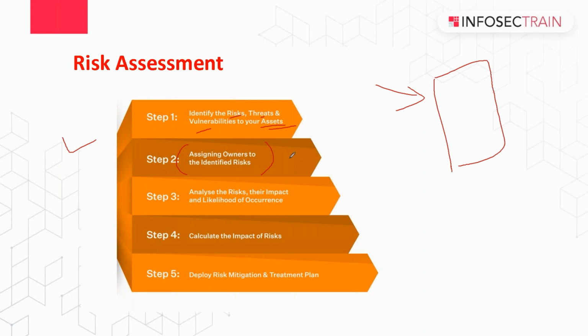Once the problem has been identified, make sure the process owner knows about this problem as well. Analyze it. What will be the impact if there is a problem, if there is a loophole? What will be the level of impact?